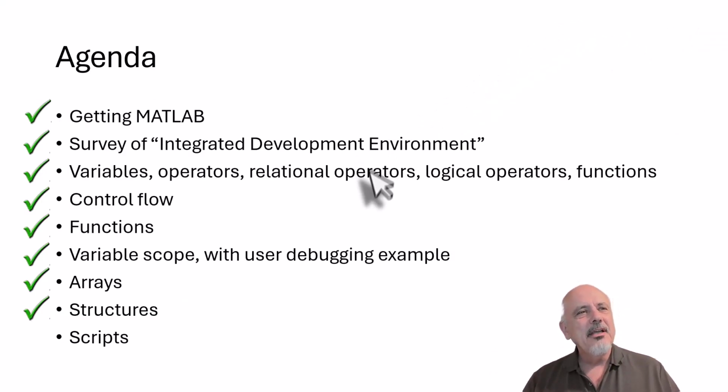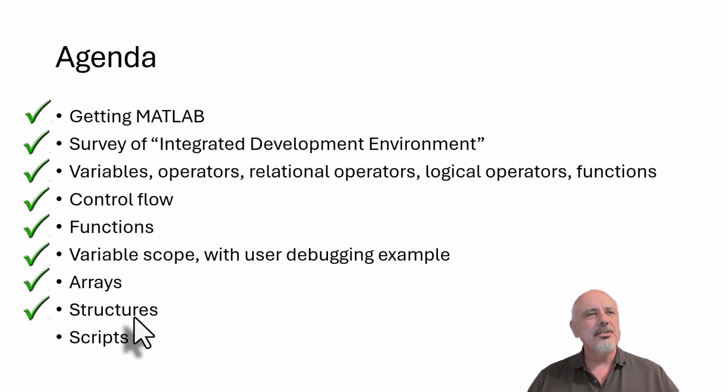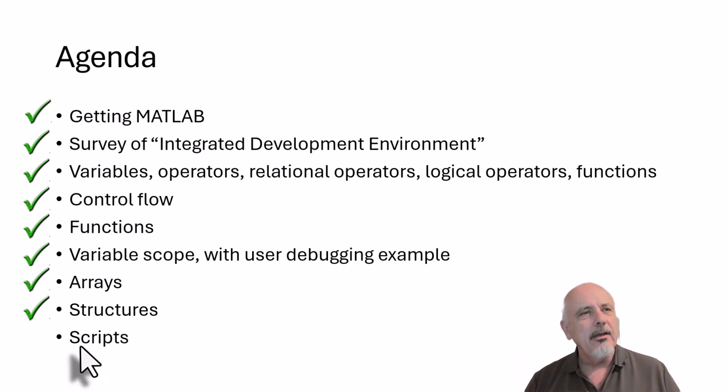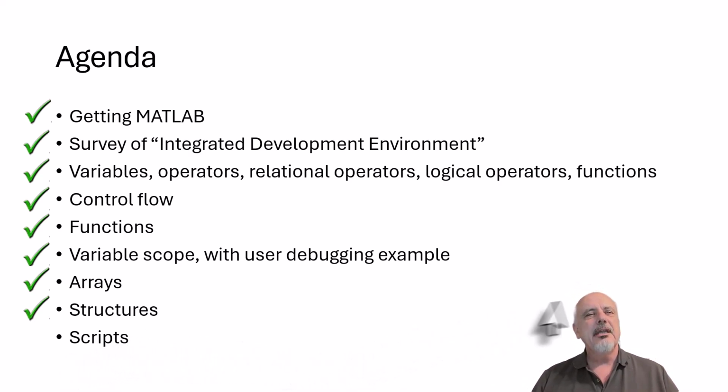Okay, we're almost done. We've checked out our arrays. We've introduced structures. Now the last thing I want to do is write one more function, and then call it from a script, and then we'll be done.